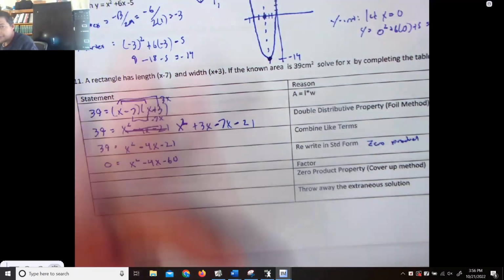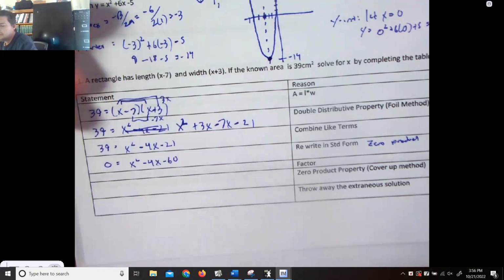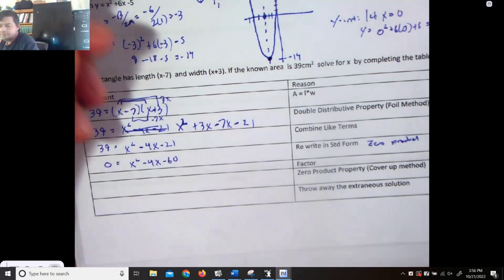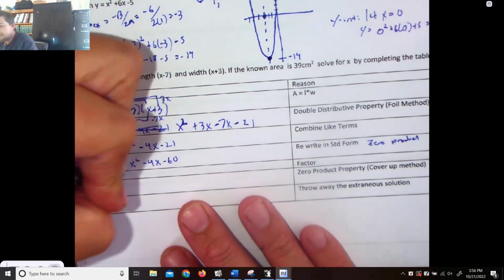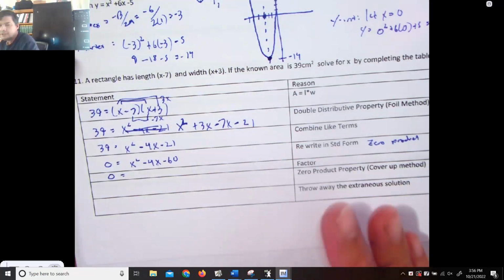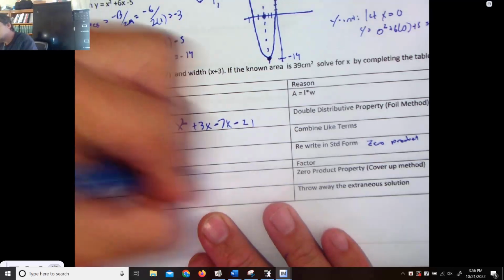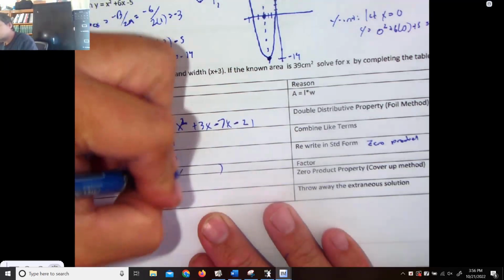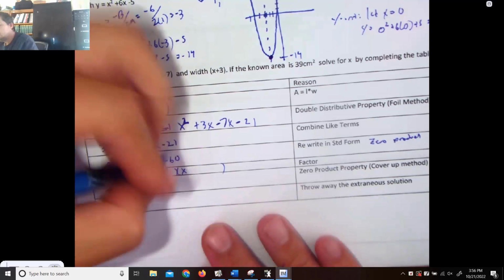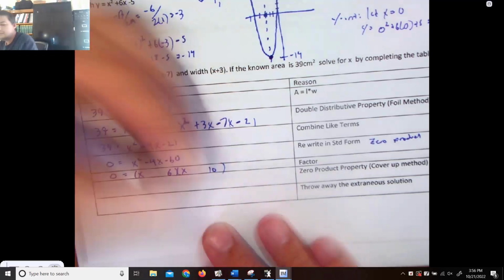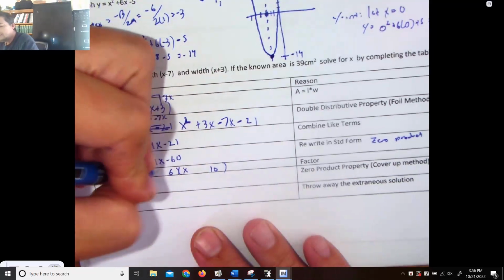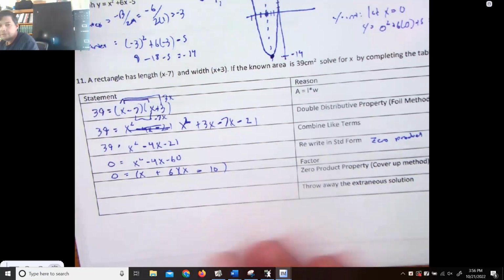The reason is factoring, so I'm factoring 60. 60 is 6 and 10. There's lots of other factors. I mean, there's 4 and 15, there's 6 and 10, there's 2 and 30. But anyways, a pair that works is going to be 6 and 10. So it takes an x and an x to create x squared. A 6 and a 10 will get me to 60. Why'd I pick them? Because 6 minus 10 is negative 4.